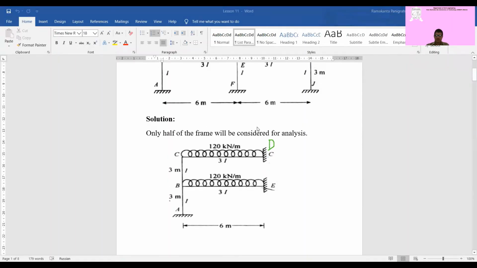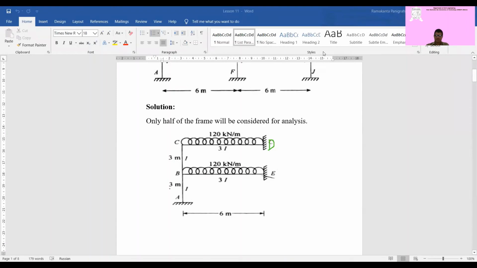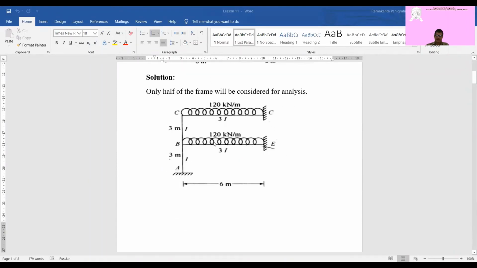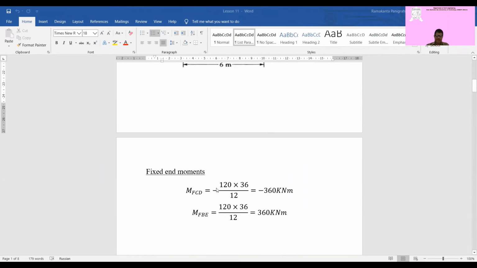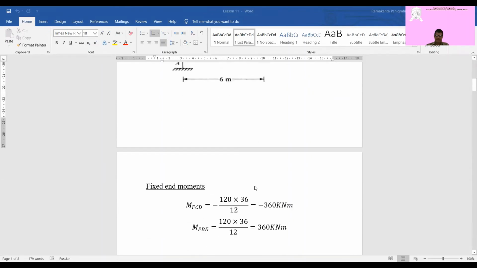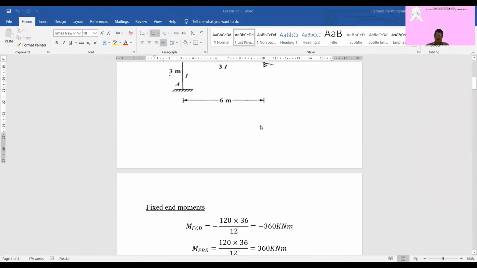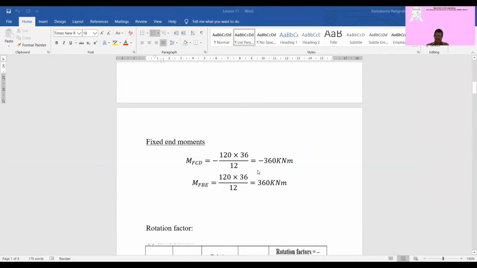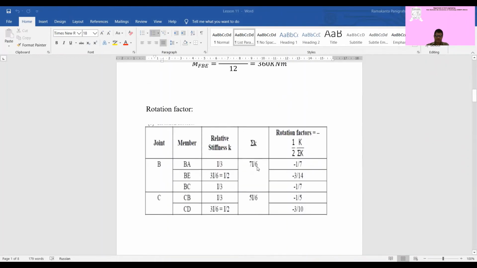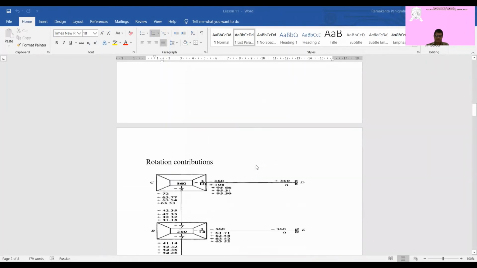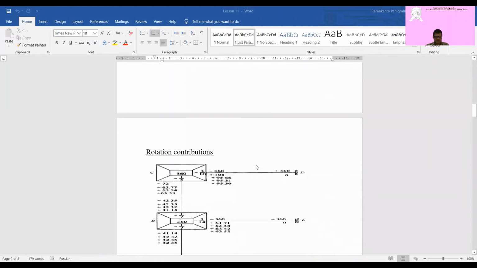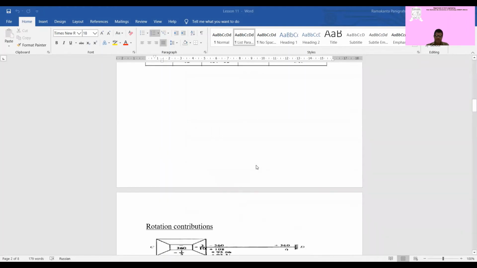So now this is considered D. So now MFCD and then MFBE, again minus WL square by 12, that will come to 360 kilonewton meter. So both are minus 360.